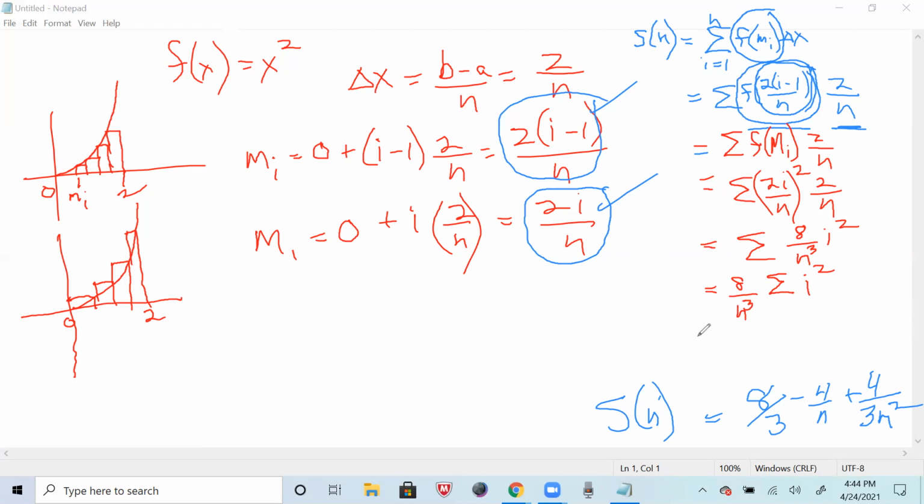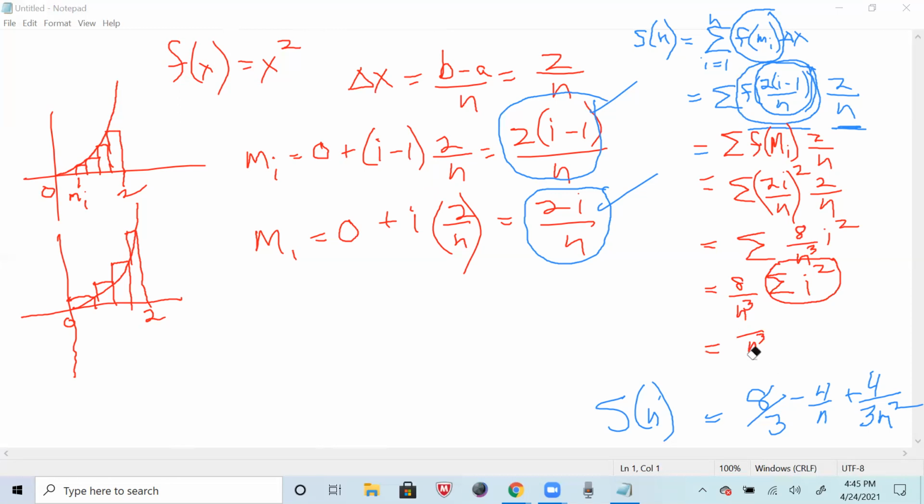And if I go to my summation formulas and substitute that, it's the same as it was before, where the I squared turns into n times n plus 1 times 2n plus 1 all over 6, which becomes 8 over n cubed times, or excuse me, actually, I got that wrong.